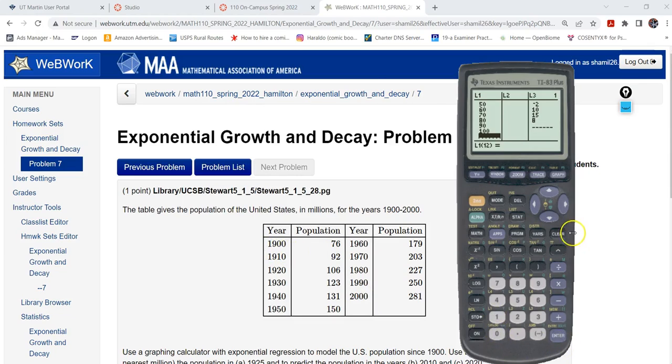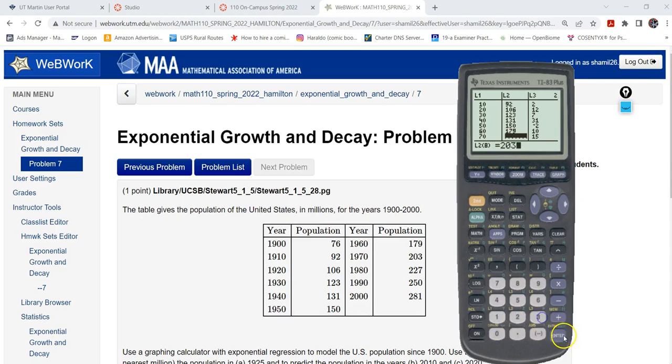Okay. All right, then I'm going to scroll over to list 2, and I'm going to put all my population values. So understanding that 76 means a population of 76 million. And just be very careful to enter those correctly because they don't have a pattern like the first list did. And 150, 179. And then I like to check them by going backwards.